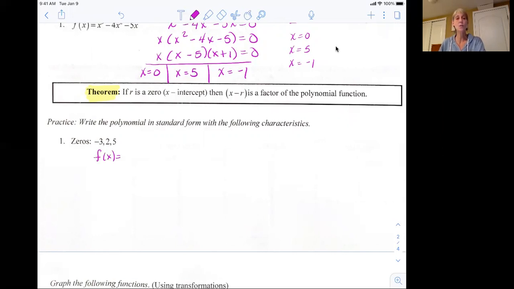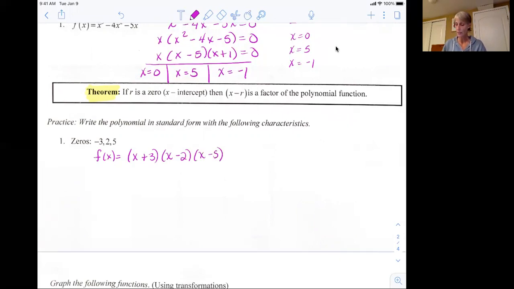And if I take the root and make it into a factor, it's going to be x minus -3, which is x plus 3. So when r is an x-intercept, x minus r is the factor. X minus 2 is another factor, and x minus 5 is another factor.